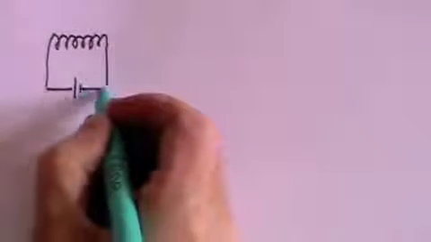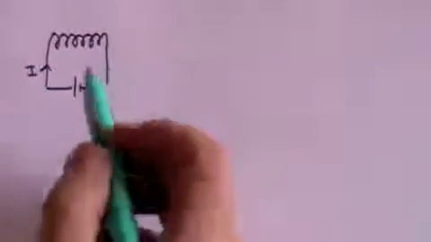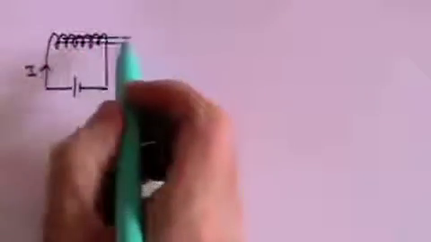If you take a coil of wire, which is sometimes called a solenoid, and you pass a direct current, an unchanging direct current, through that coil, then in the middle of the solenoid there will be a magnetic field.